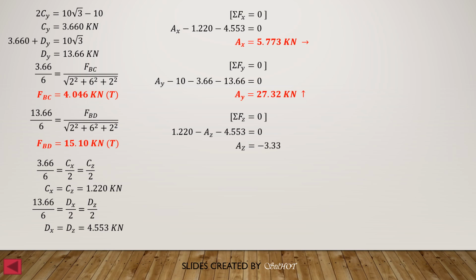So AZ is equal to negative 3.33 kilonewtons. In our assumption in the free body diagram, AZ is directed towards the negative z-axis. Since this is negative, it should be directed towards the positive z-axis. So AZ is 3.33 kilonewtons towards the positive z-axis. So that's the solution to problem 2.